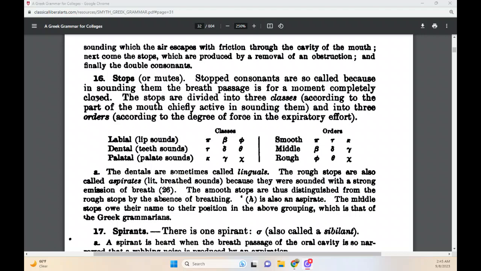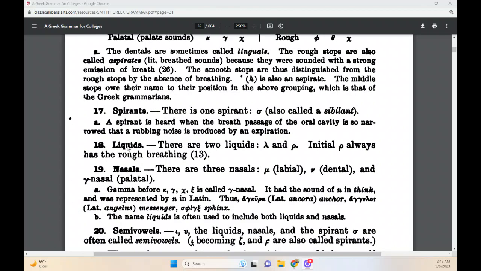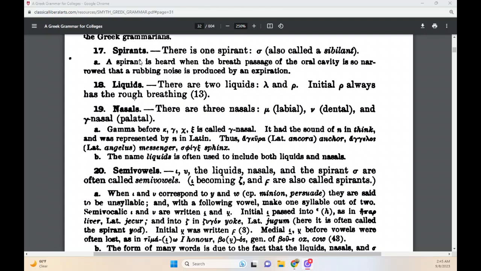They're very strong consonants. Whereas the other consonants, spirants, liquids, nasals, do not have a strong consonant sound. They do not stop the speech, and therefore they're like vowels. They're sort of in between the stops and the vowels, semivowels.